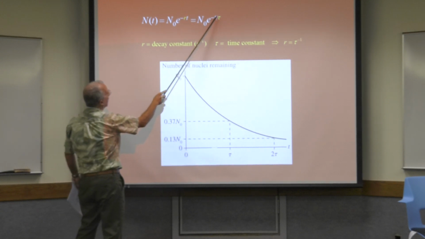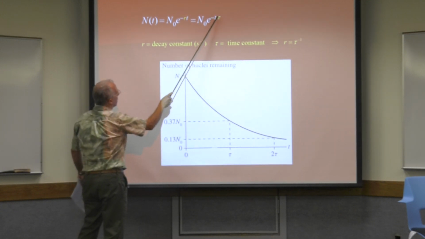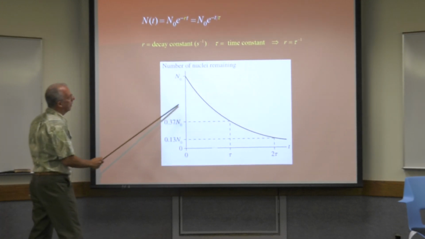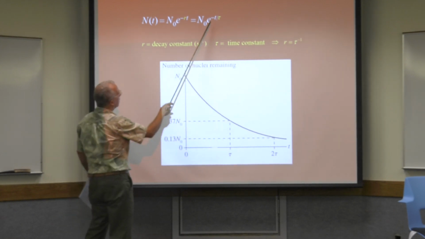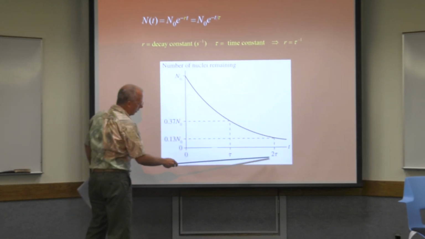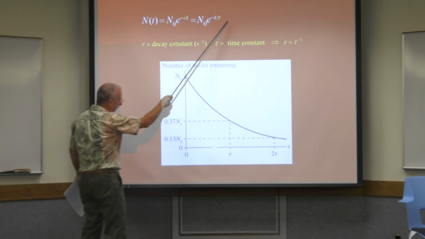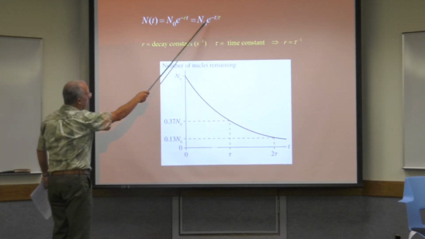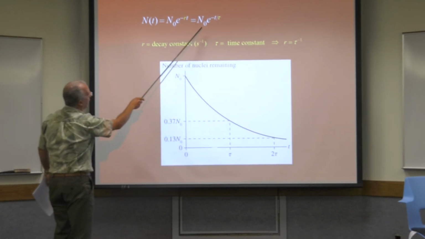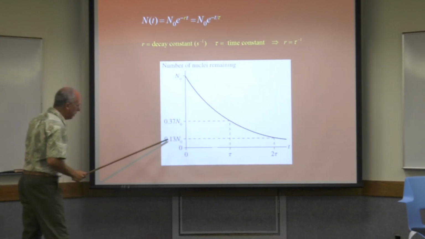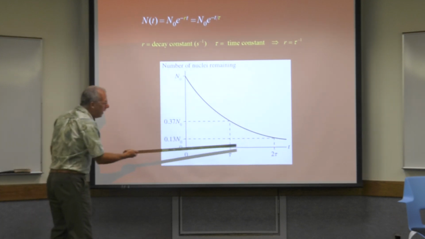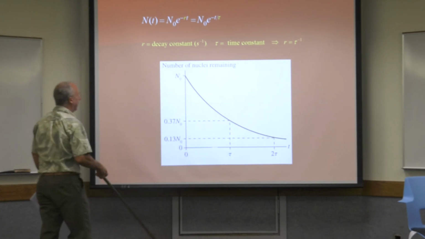But here, if the time equals 1 tau, this is just e to the minus 1, bingo, 0.37. If the time equals 2 tau, you just put in that, right? So it would be e to the minus 2, which is 0.13. So it's just easier to calculate.